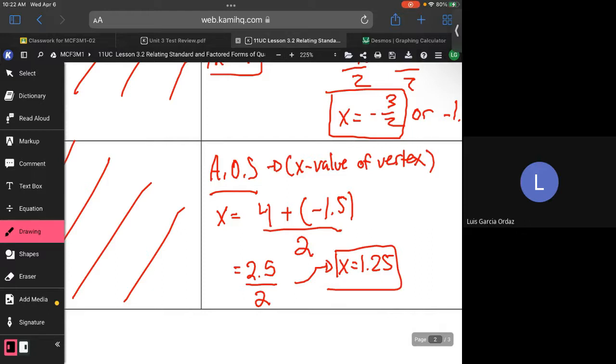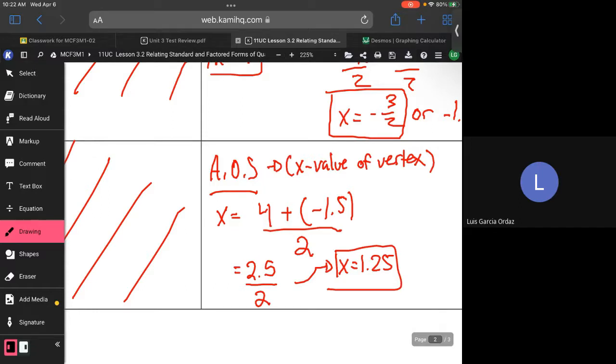We have half of the vertex. We just need the y value. So x equals 1.25, positive, is going to be the x value of your vertex.